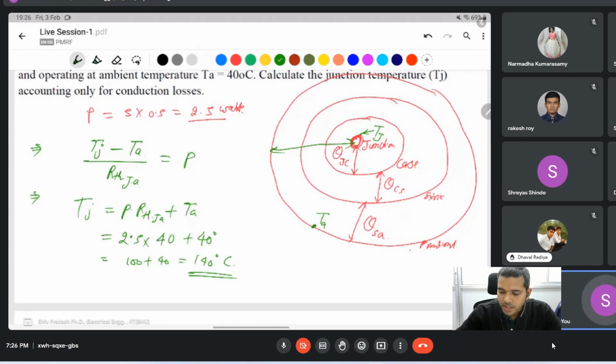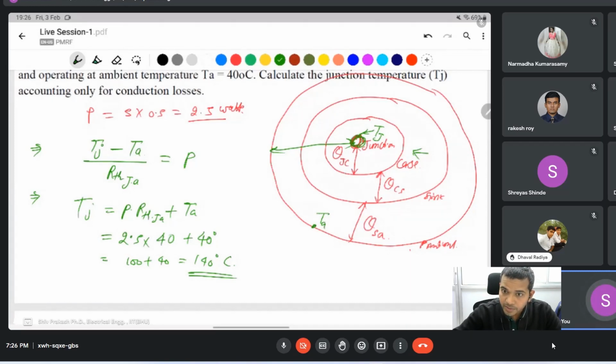We also verify that the junction temperature is always higher than the ambient or any other. The junction temperature is always highest, and the case temperature is less than the junction but greater than the sink, and the sink is greater than the ambient temperature.